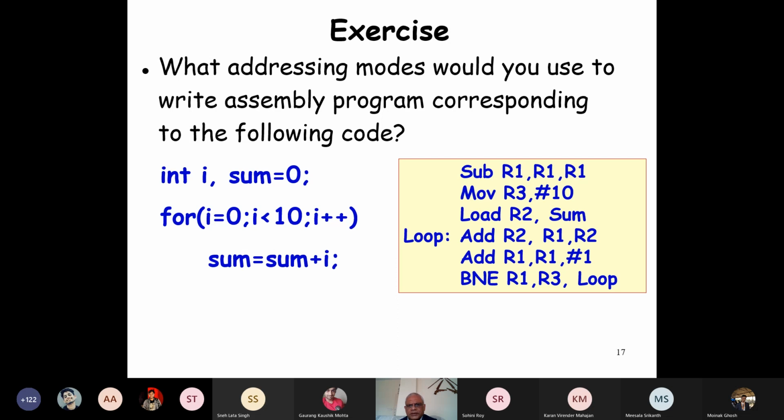What is the addressing mode used? It is register direct. Now move 10 to R3. 10 is the immediate operand, so immediate addressing is used. Load sum into R2. So this is memory direct addressing. And then we add R1 and R2 and store the result in R2.